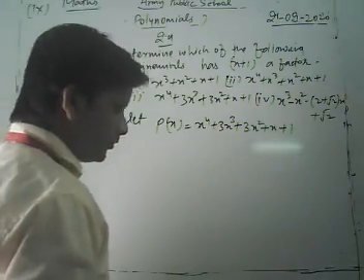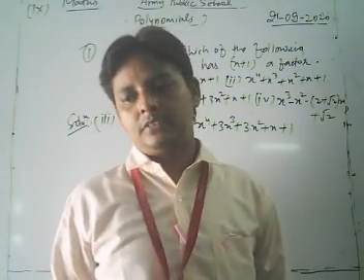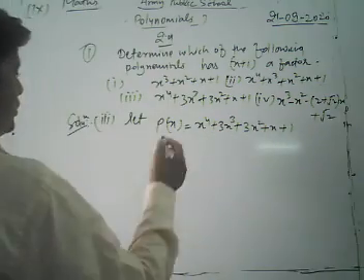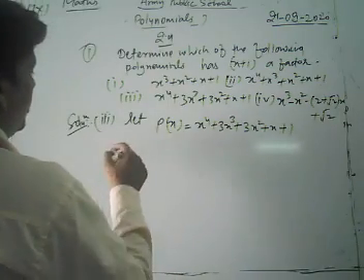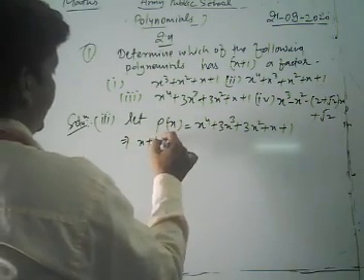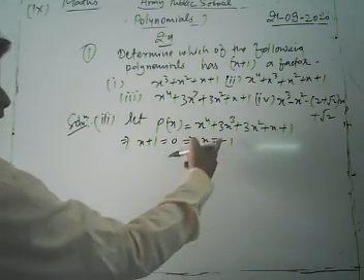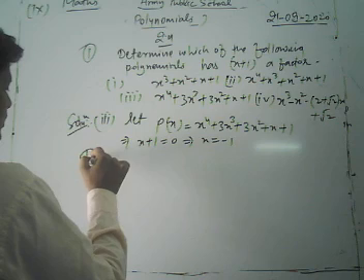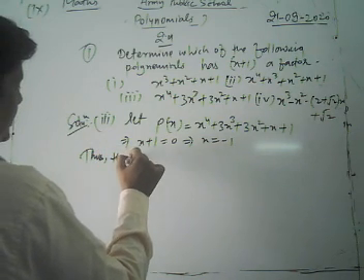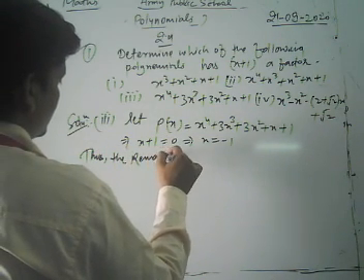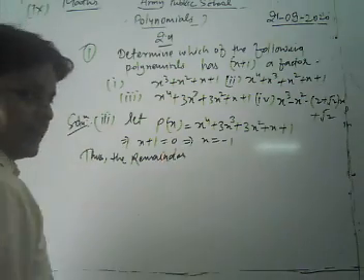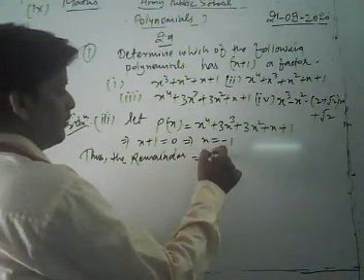Now again we apply the same method. First we take x + 1 = 0, we write x = -1. Now again we replace x by -1, thus the remainder will be p(-1).